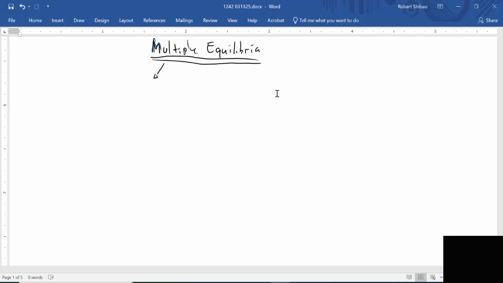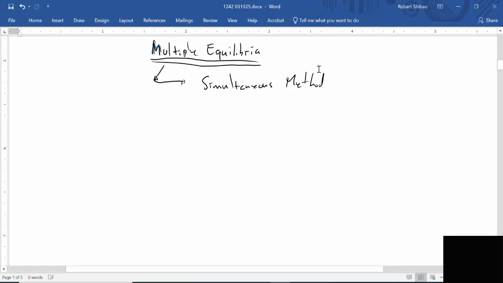All right, multiple equilibria. How we solve this is we solve this using the simultaneous method. Actually, we have two different types of multiple equilibria.